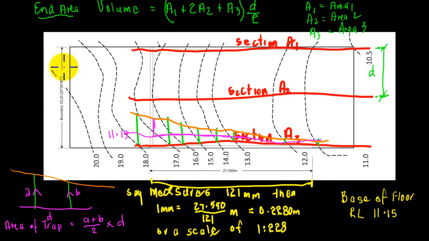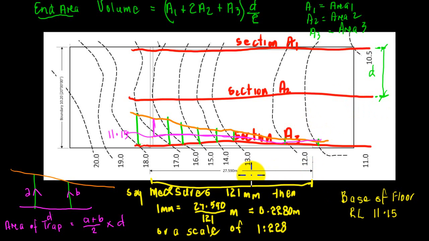This distance is drawn in to give you the distance between the sections, which you'll see is 27.590. You'll start getting unusual distances, but that's all good. So we've got this known distance here.